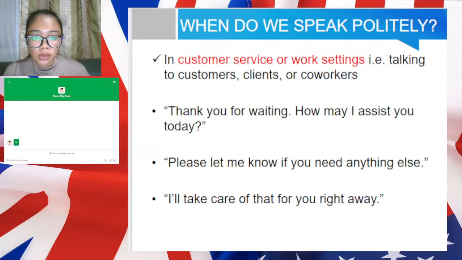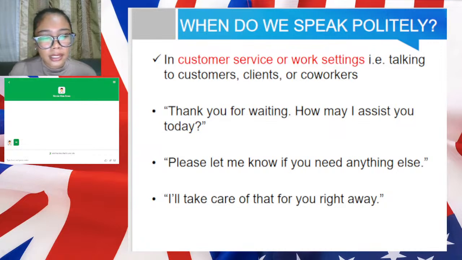There's also when you have helped someone, and then you can end with, "Please let me know if you need anything else," which is a polite way to offer further assistance and make sure they feel taken care of. It shows you are attentive to their needs. You can also do it when you're taking action.